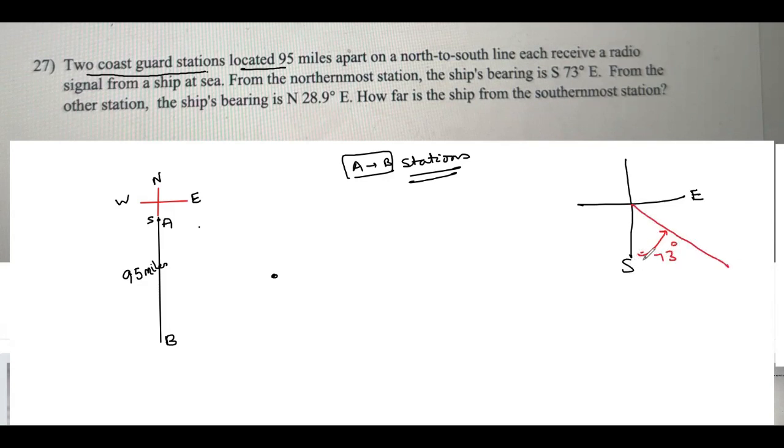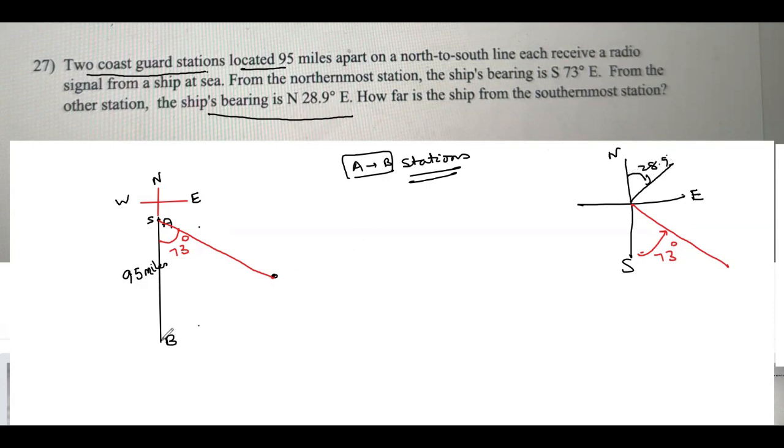This is called the bearing from south to east. And from the other station, the ship's bearing is north to east. This is north, this is east, and the angle here, from the north towards east, is 28.9 degrees.